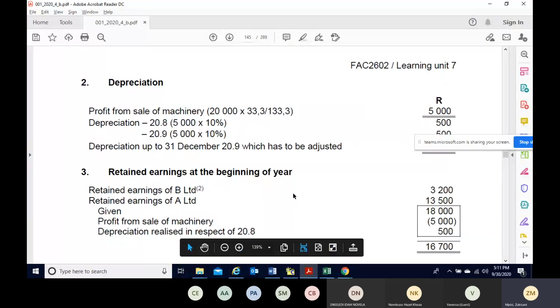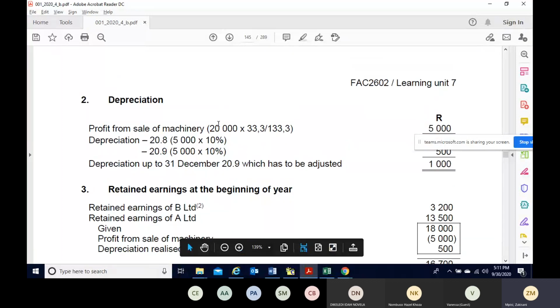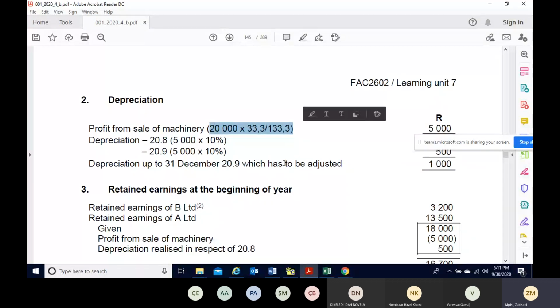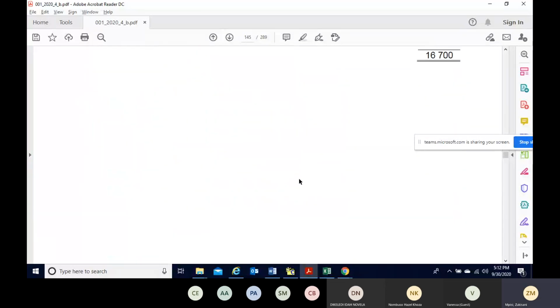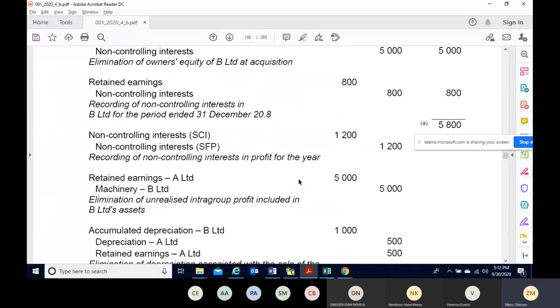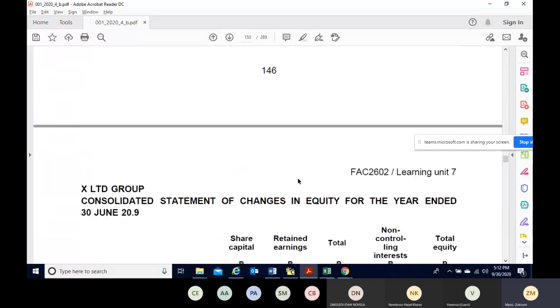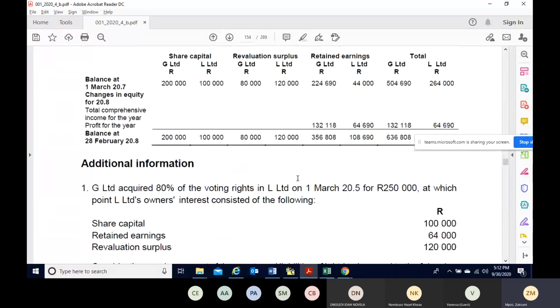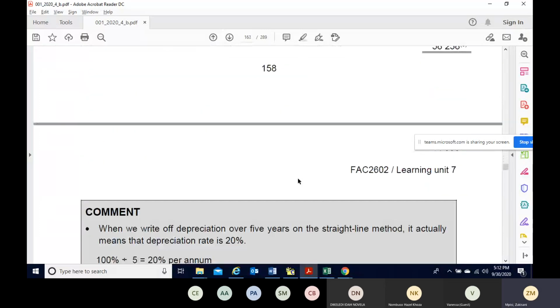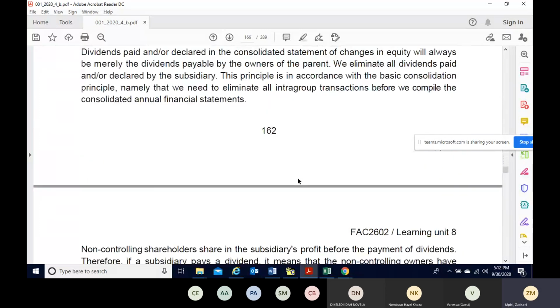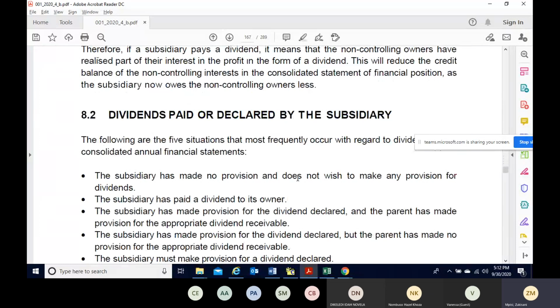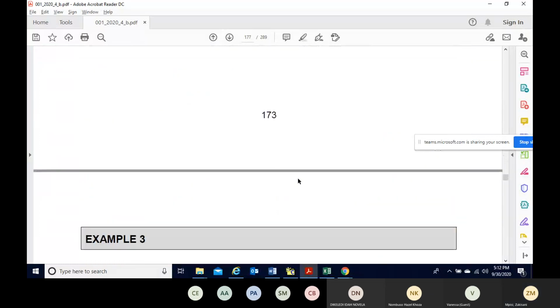So if you are looking at this case, when the profit was calculated here, it was 33.3 divided by 133.3. So I'm inclined to also believe that we must say 25 divided by 125. As I said, I will come back to that, but I believe it is 25 divided by 125.